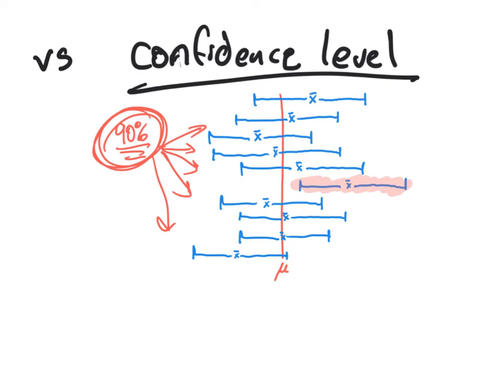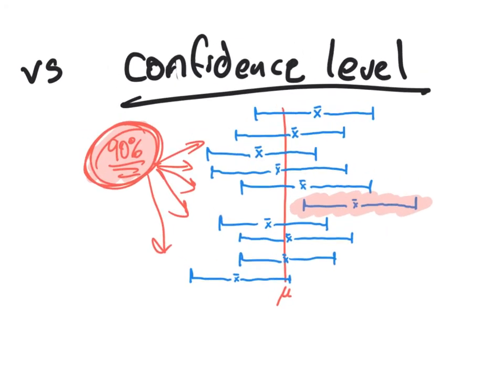Whoops, that one missed, right? So every once in a while we'll miss one, but 9 out of the 10 intervals should have captured it. 90 out of 100 intervals should capture it. 900 out of 1,000 intervals should capture it, right? So you get the point: if you keep doing intervals, it tells you how many intervals actually capture it. So that's the confidence level. It's going to tell you how many intervals would actually capture it.